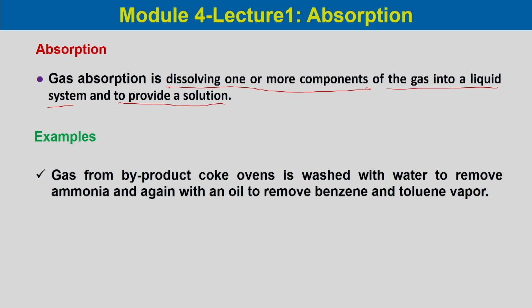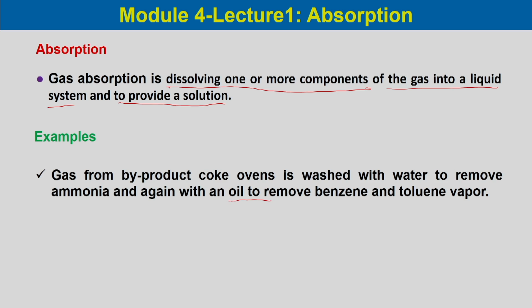So, the mixture initially passes through the solvent water, which removes the ammonia, and then the exit gas is contacted with oil to remove the benzene and toluene vapor.